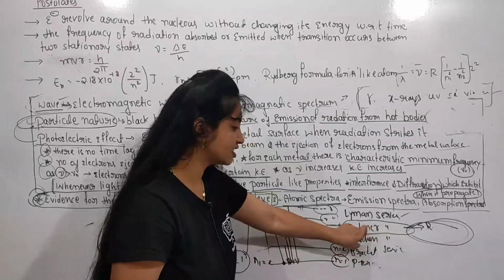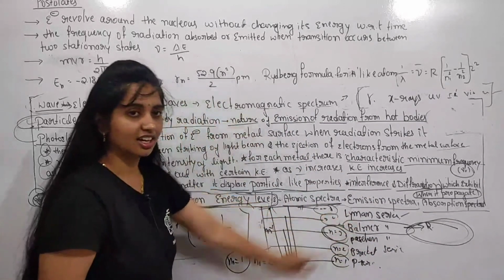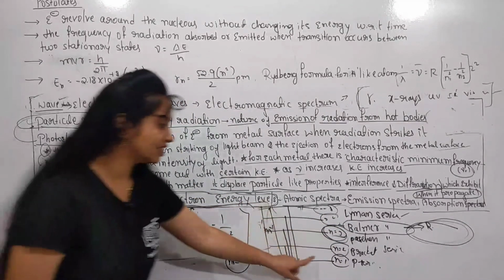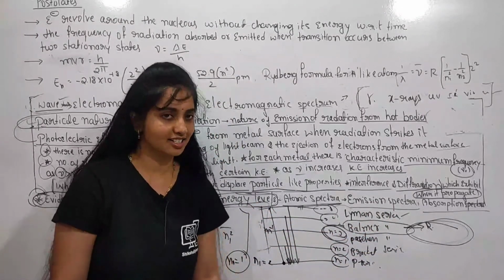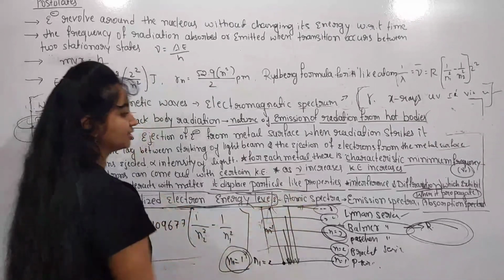Means in the Paschen series the electron's lower state is the third energy level. So n1 equals 3 in the Paschen series, n1 equals 4 in the Brackett series. Like this, the n1 value differs from series to series.